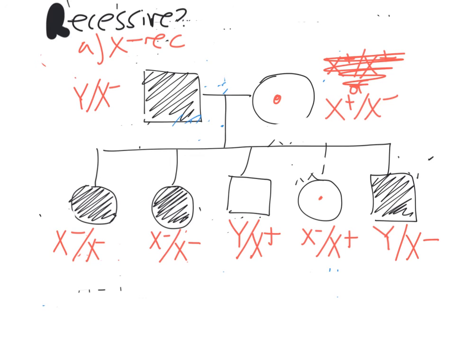If you don't see any skipping generations, do you automatically exclude that it's recessive? We automatically assume if you see it in every generation, the first hypothesis should be it's dominant.